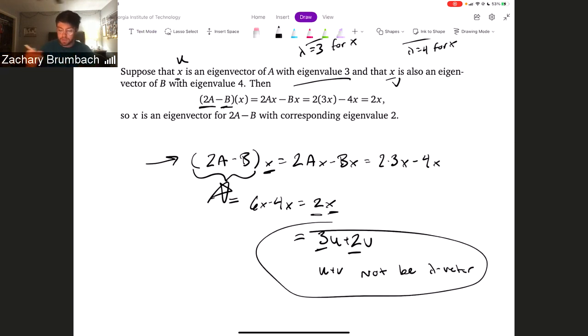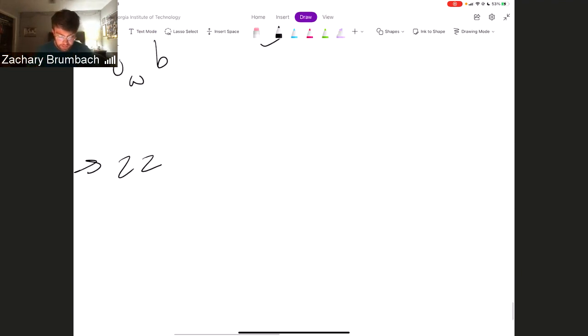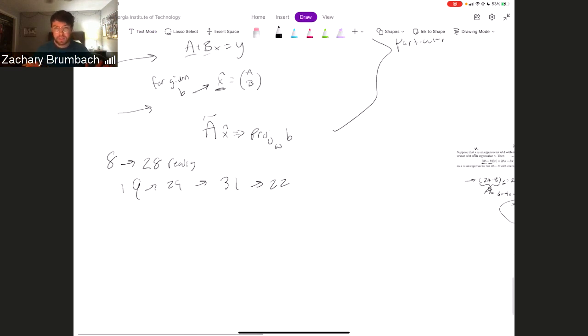This is for a totally different set of questions. A little tricky, but since x is an eigenvector of both, you know it's an eigenvector of all linear combinations of the two. That's not something you should memorize. That's just a plug in and figure it out kind of thing for the most part.